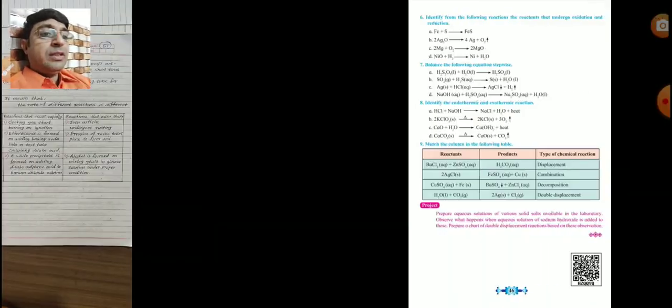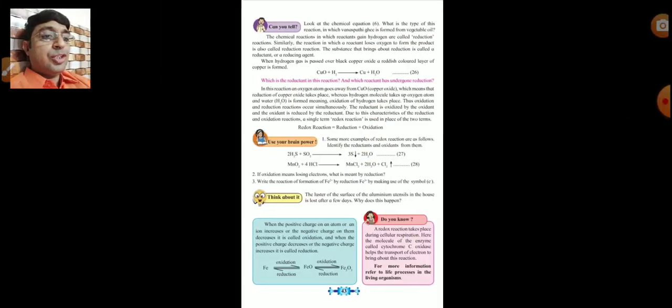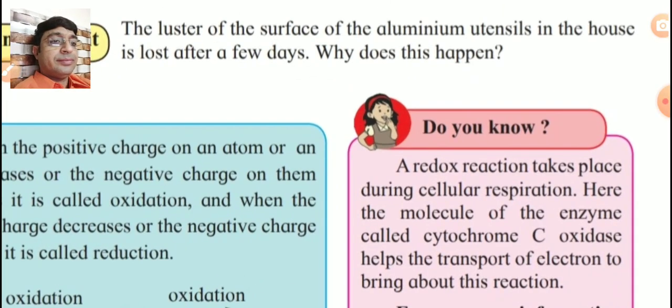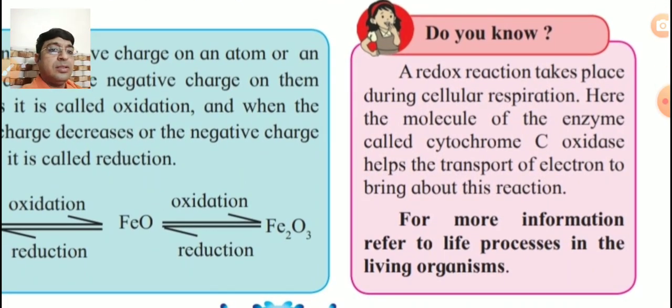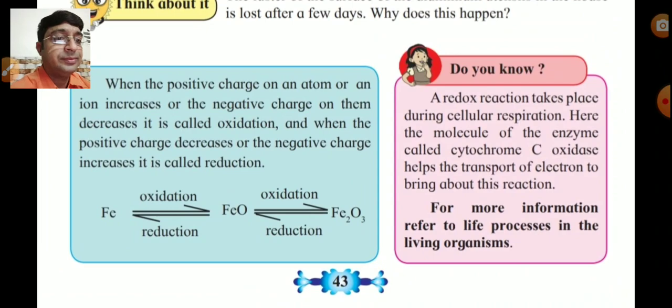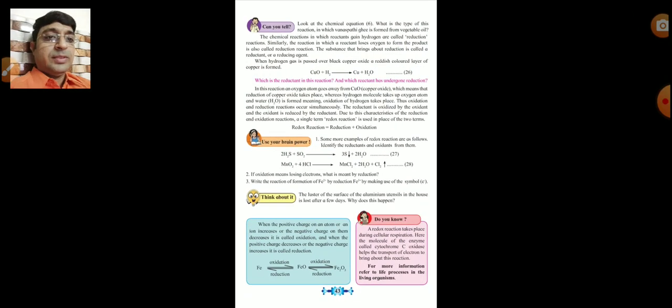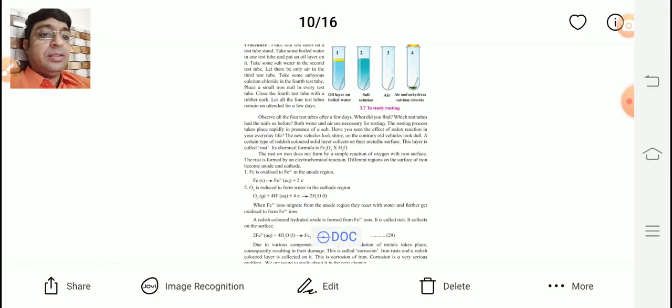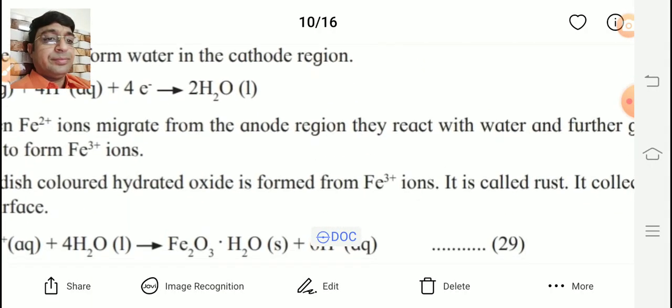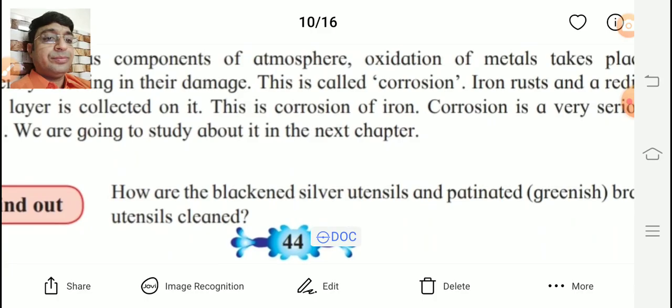So you check on the same page, that is given in the boxes, that information is given in the boxes, check here. On page number 43. Next page number 44.